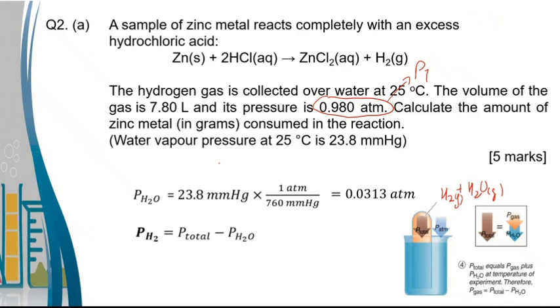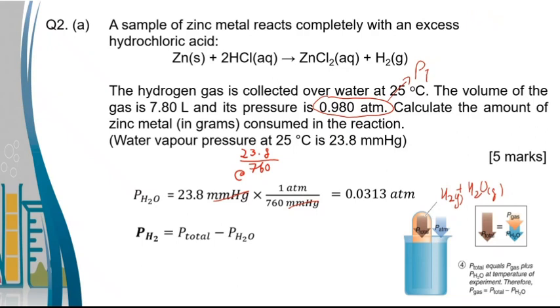We need to convert it into atmosphere. 23.8 millimeter mercury divided by 760 millimeter mercury will be 0.0313 atmosphere. If you are not sure whether you need to multiply or divide, you can do it this way. See millimeter, of course, the 760 must be placed below.